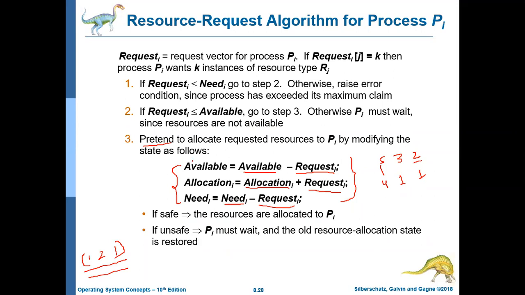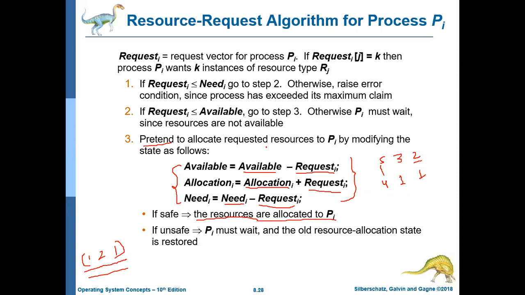After pretending this, you have all the new values. After getting the new values, you have to apply the safety algorithm again that we discussed previously. If your system is still in a safe state after pretending that you have allocated the resources, then you actually allocate the resources to process Pi.